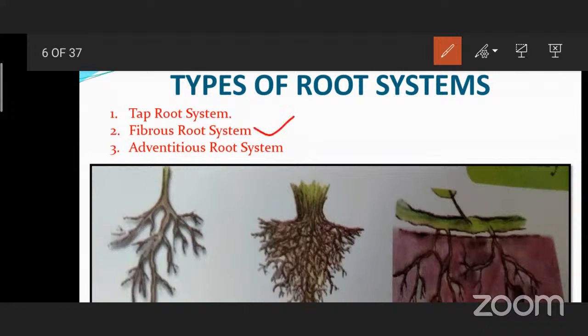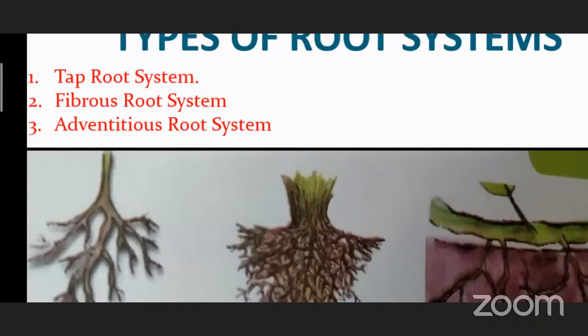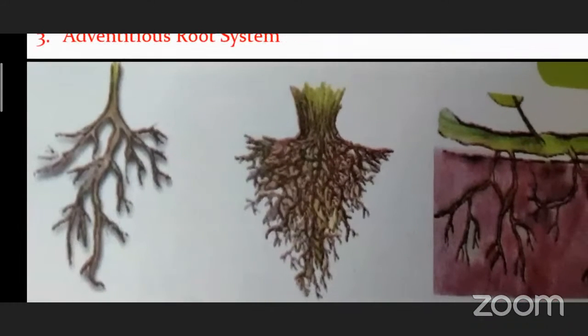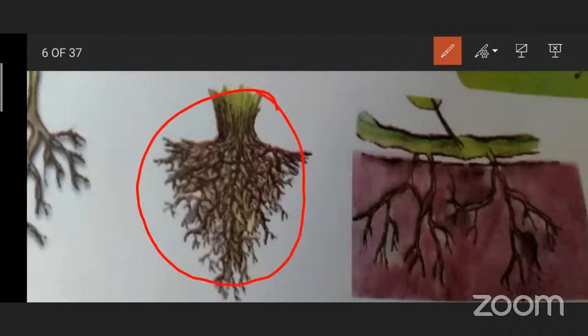The second one is the fibrous root system. See here, this is the fibrous root system. Monocots only have a fibrous root system.